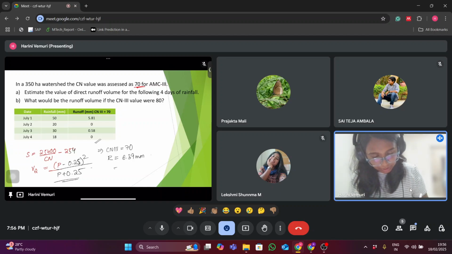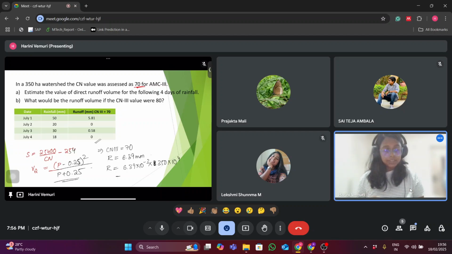To convert it into runoff volume, we have to multiply with area. They said it's 350 hectares, that is into 10 power 4, it will be converted into meter square. That is 23,365 meter cube.